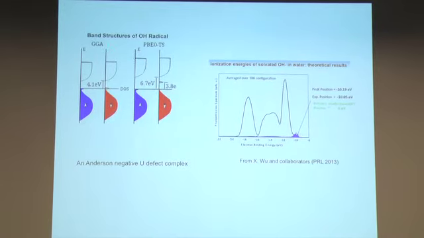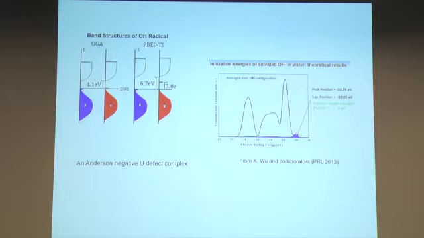And one can see that if one uses the GGA, of course, one has a smaller gap for this system, but the system is actually metallic, because there is this empty state that is essentially at the top of the valence band. Instead, when one does the calculation with this other functional, this empty state is pushed up in the gap.